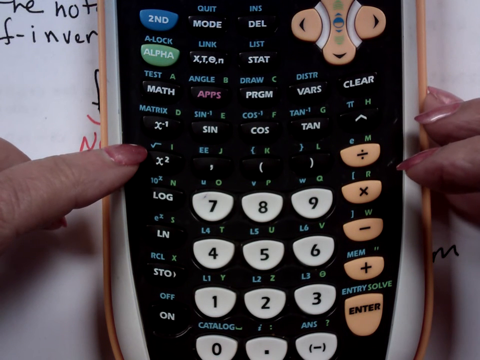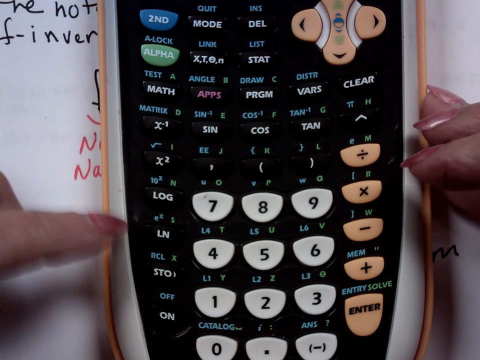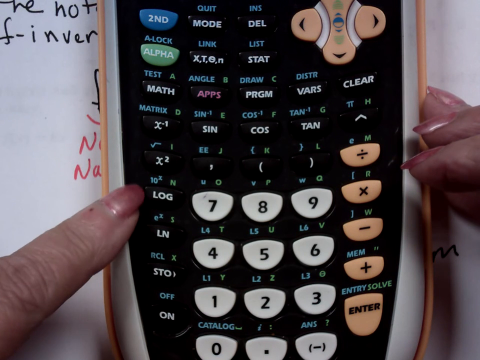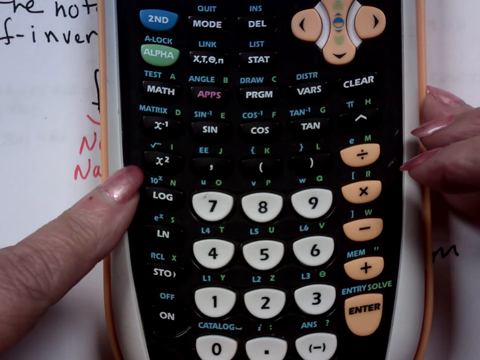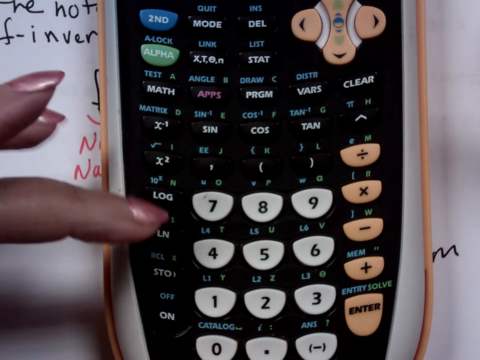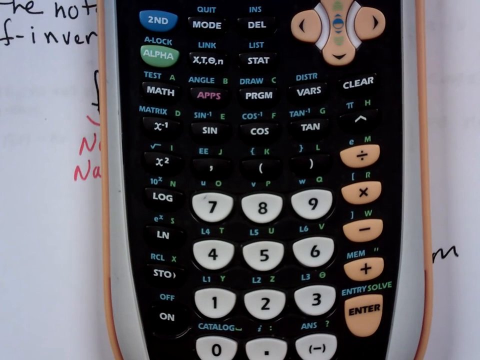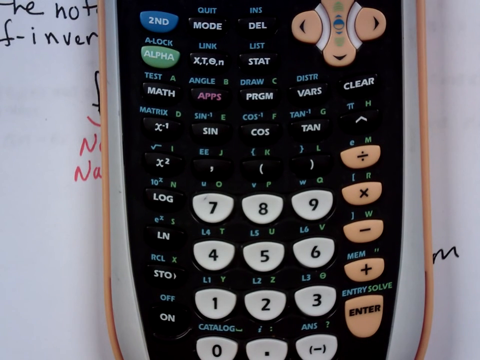We just said that square root and x squared are inverses of each other. Interesting. Look above this thing called log, what we're going to be doing. Above it is something called 10 to the x. They're inverses of each other. So when you did the INV and then hit that key, what you were picking up was the inverse of that function. Why? Because it didn't have all this other stuff on it. It just did the basics.